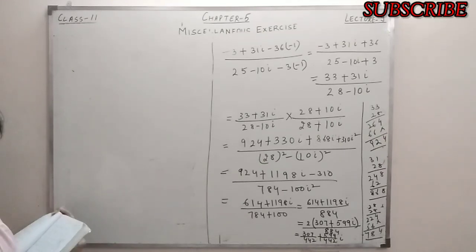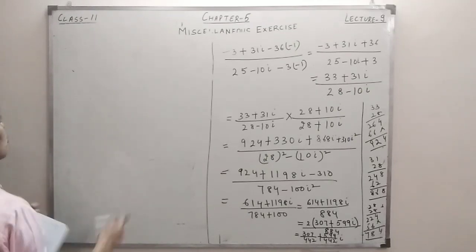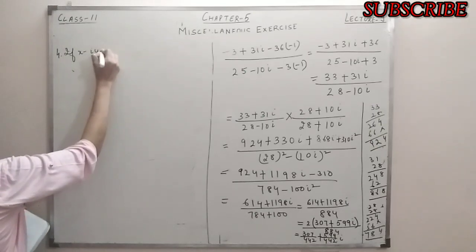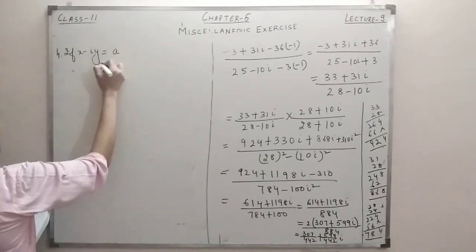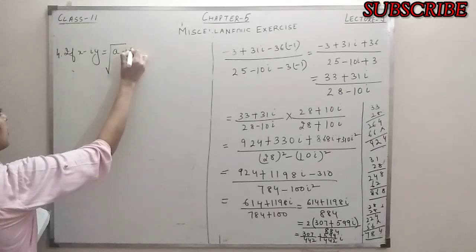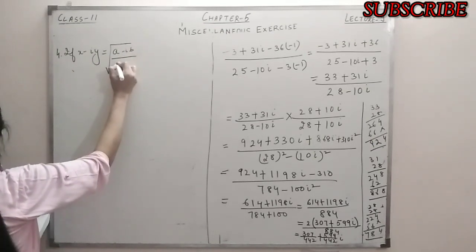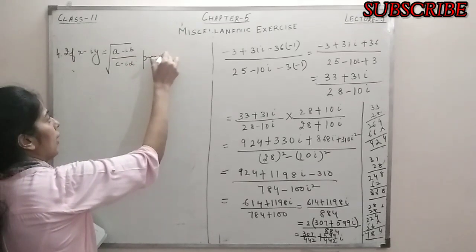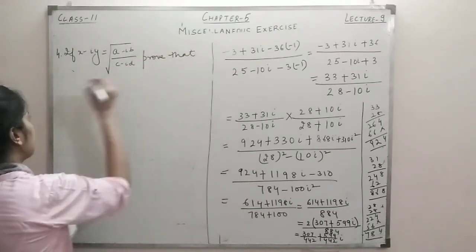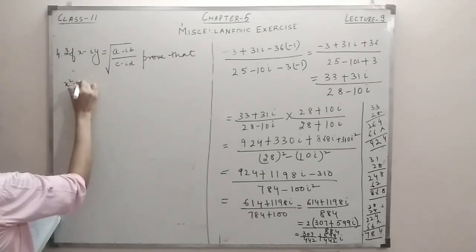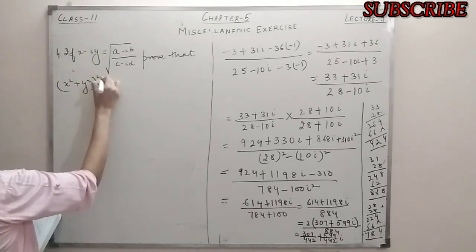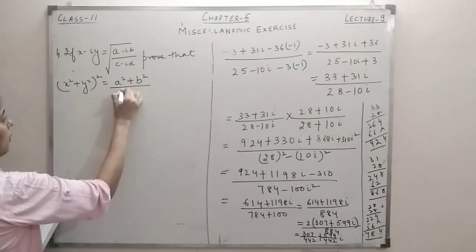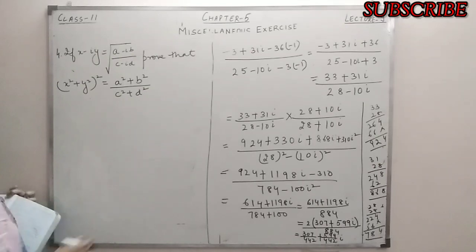The question number 4 is, if x minus iota y equals square root of a minus iota b upon c minus iota d, we have to prove that x square plus y square the whole square equals a square plus b square upon c square plus d square.